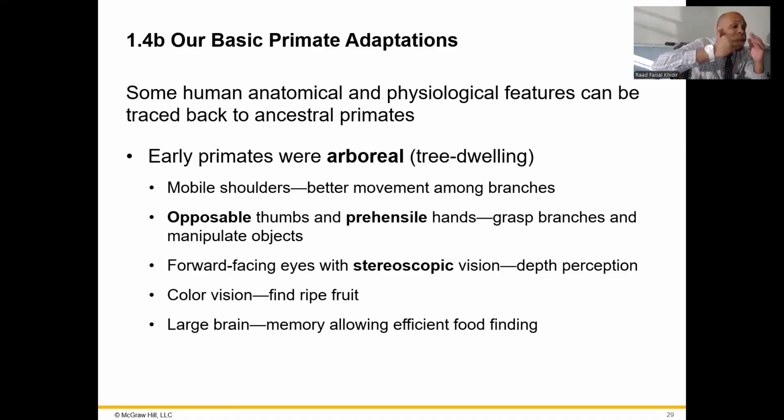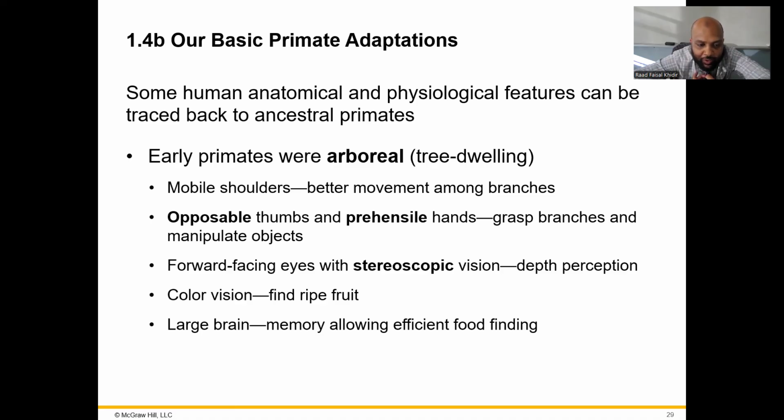When you have both eyes in front, you can see predators, you can see harmful, dangerous things, and it also helps you to see the good things you need, like the fruits, the vegetables, and the prey that you need to catch and hunt to eat and survive. So that helped us with stereoscopic vision, with depth perception, and color vision, where we can find ripe fruit.